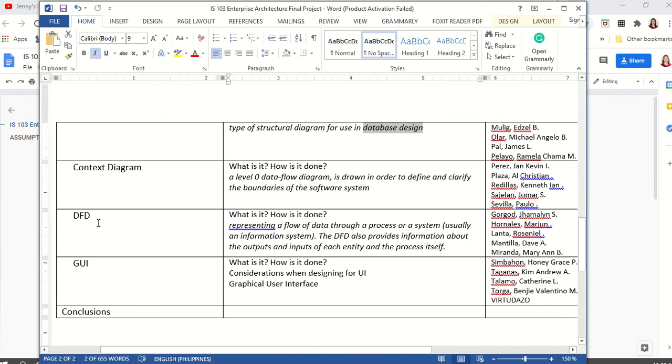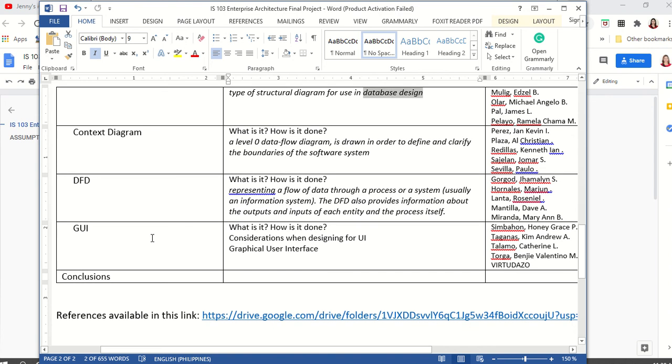We also have the DFD, data flow diagram, representing a flow of data through a process or a system. And the last model you will build is the graphical user interface. The reporters here will focus on the considerations when we design a graphical user interface. So there are things to keep in mind, no?